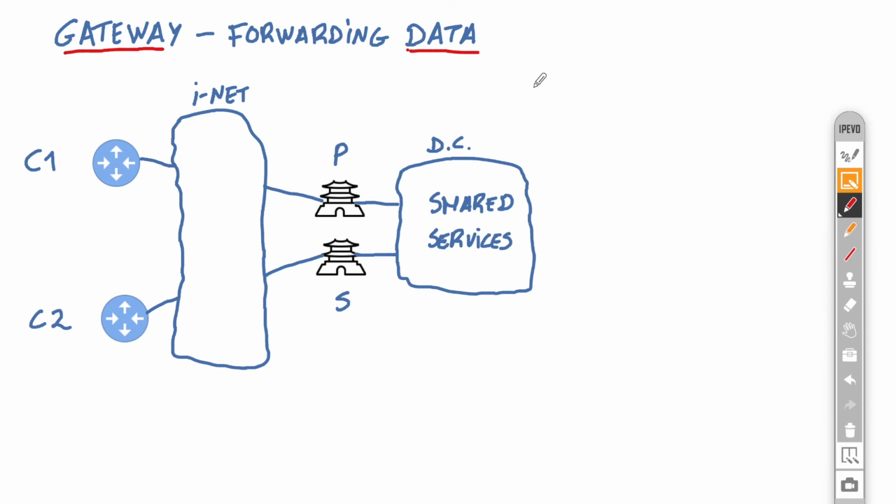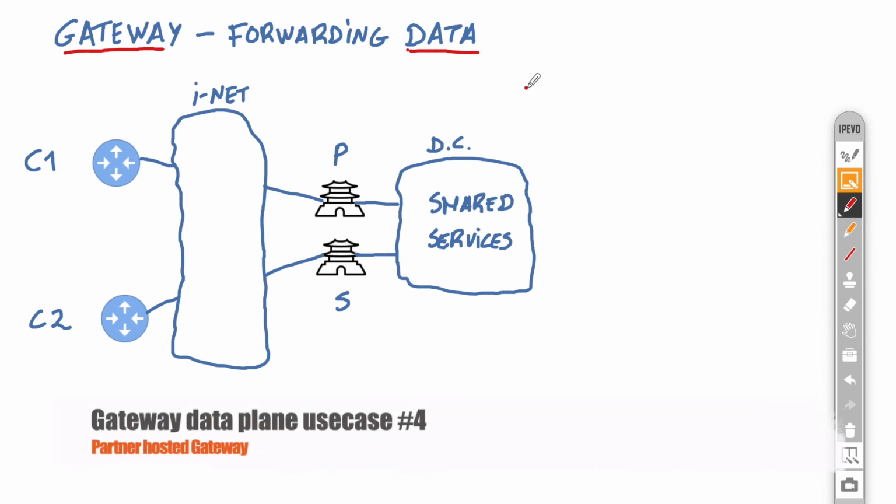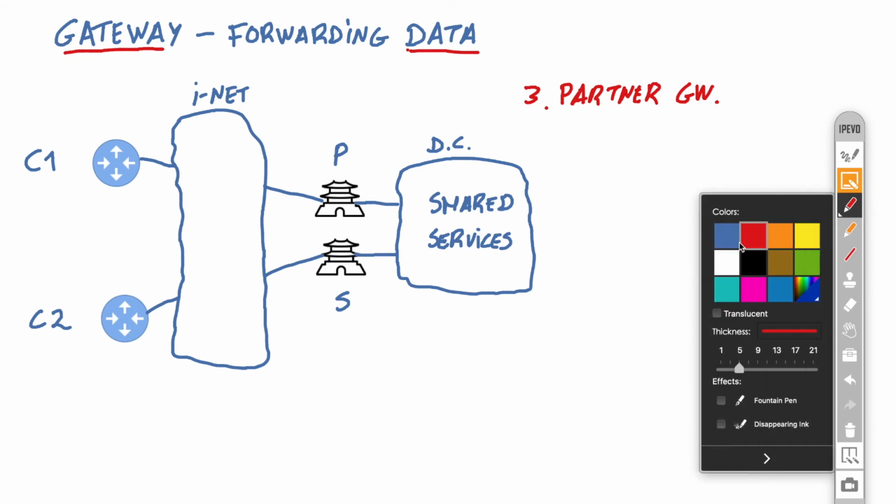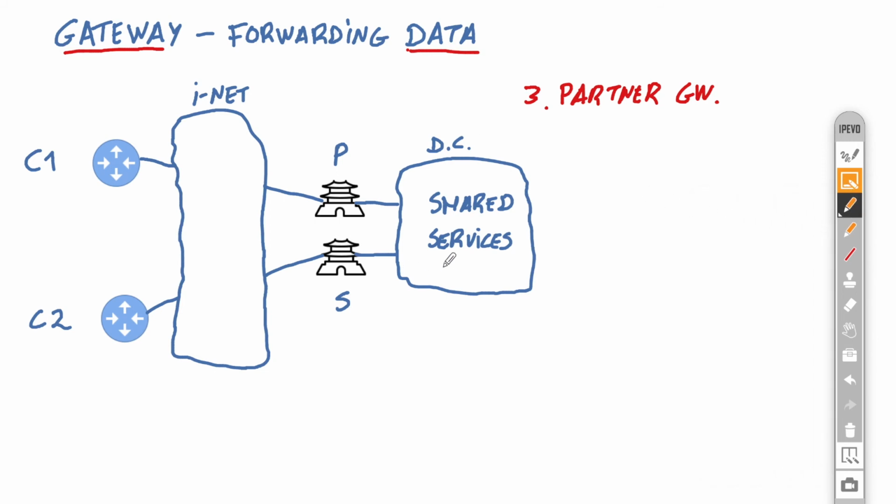And although we briefly discussed earlier the concept of partner gateway, I wanted to show you how it looks like, right? Because partners can choose to host their own gateways. And this usually happens when they resell certain services.